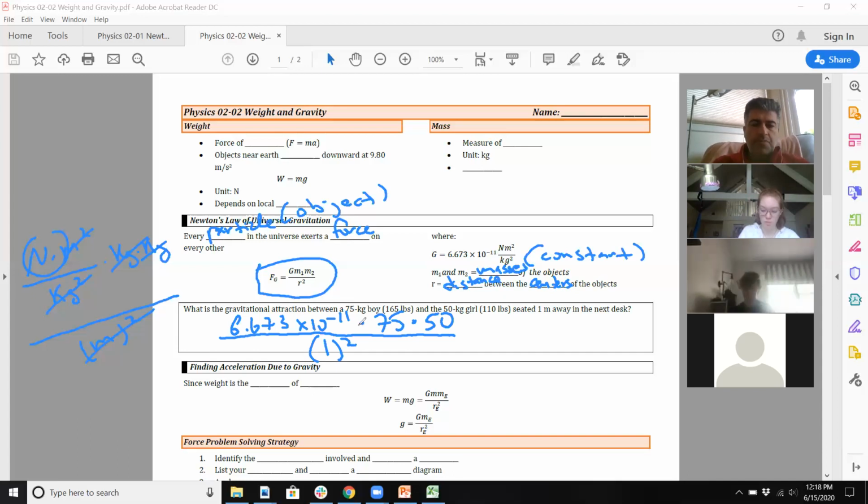Then you just use a calculator, which I foolishly left in the other room. I'm a little too lazy to get it.